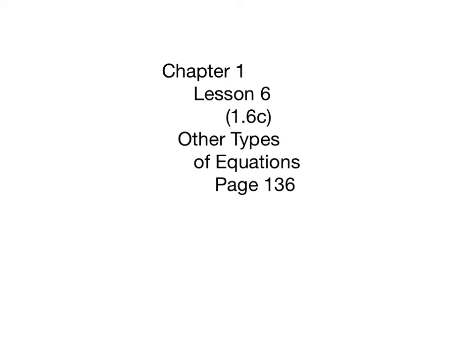Okay, so today we're going to finish up section 6, and the notes are 1.6c. In this section, we're going to be seeing different forms of equations that we're going to be solving. Some of them will be cubed roots, some of them will be fourth roots.